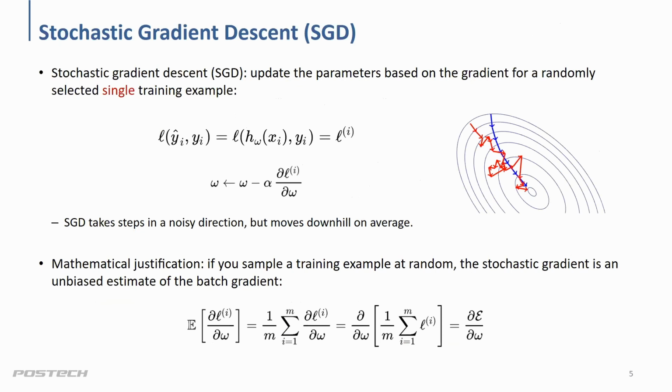And on the other hand, now here it's in the totally opposite direction. You have batch gradient descent, and on the extreme opposite side, there's stochastic gradient descent. So, think about it. The idea is that I want to update the parameters omega based on the gradient for a randomly selected single training example.